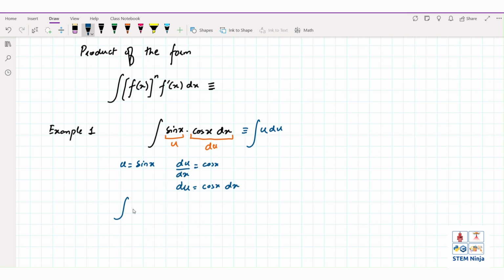Now this is absolutely simple. This just becomes u squared over 2 plus c. When we convert it back into the sine form, we will have sine squared x over 2 plus c.